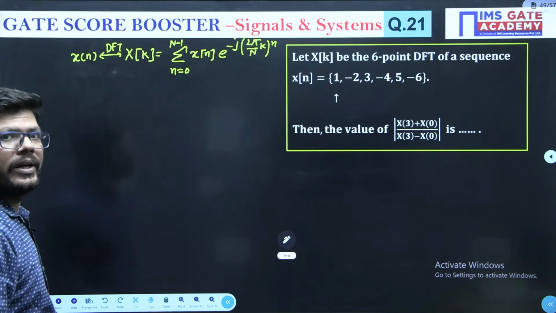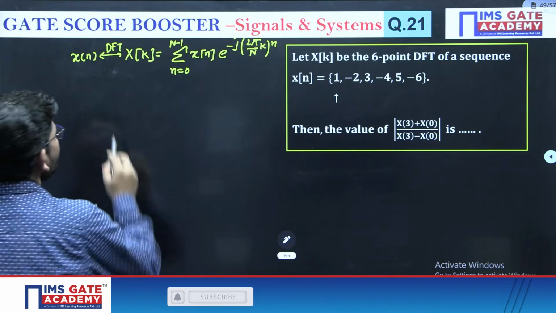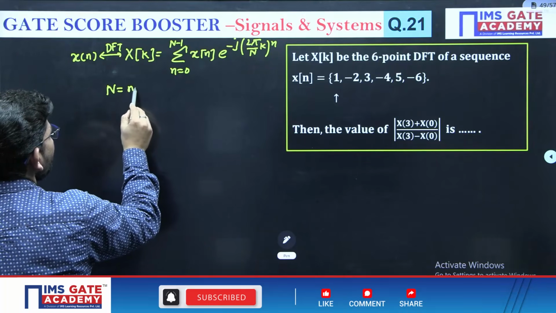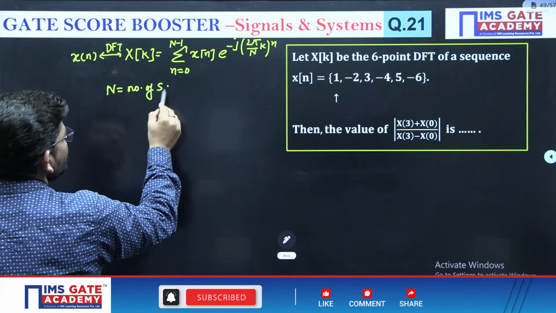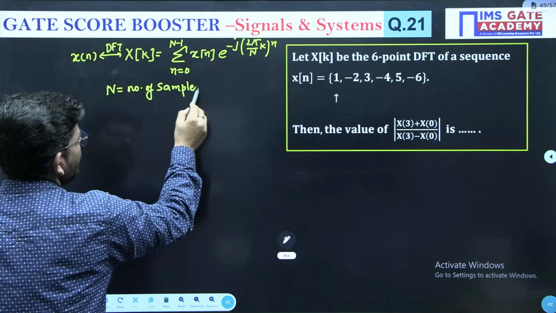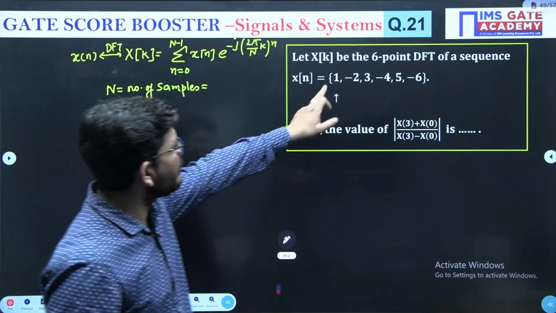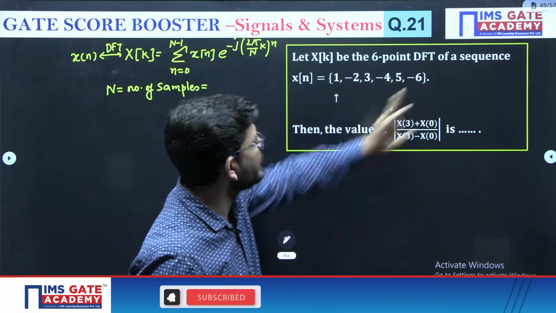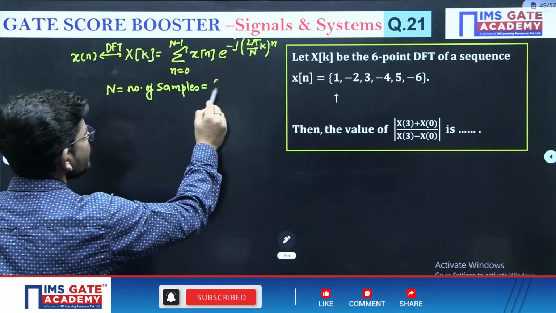This is the formula, right? Where N is the number of samples. How many samples do we have here? 1, 2, 3, 4, 5, 6.